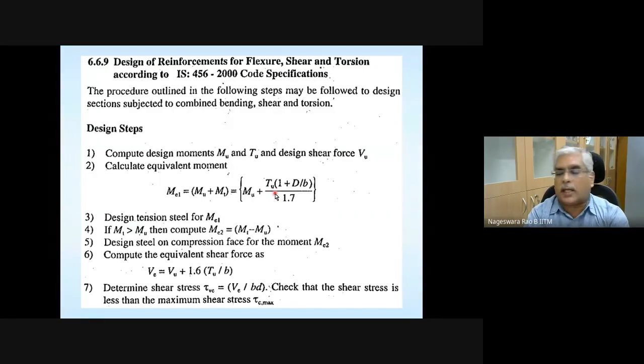These are nothing but what we have seen in IS 456, summarized once again here, and we'll see some examples of how to analyze and how to design for this torque in tomorrow's class. In addition, you need to do some exercises to calculate the equivalent shear force and equivalent bending moment. Some examples of that we'll also see in tomorrow's class.